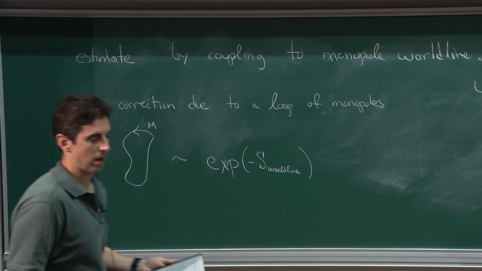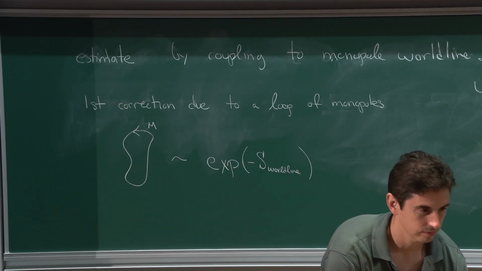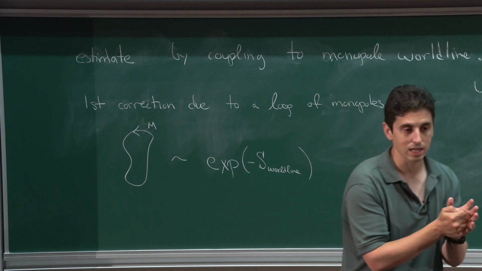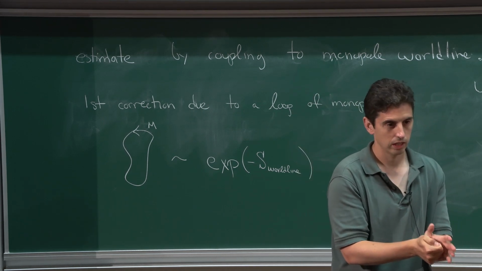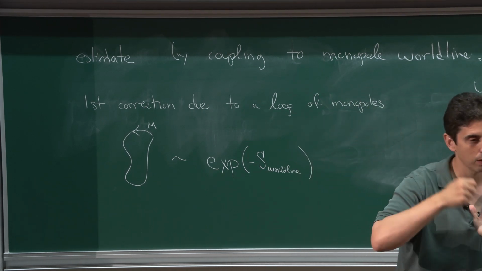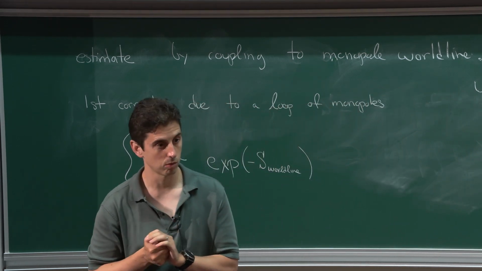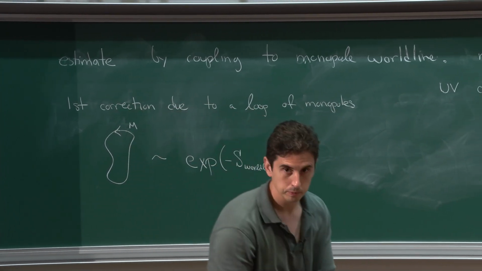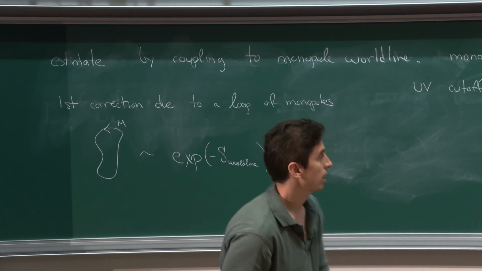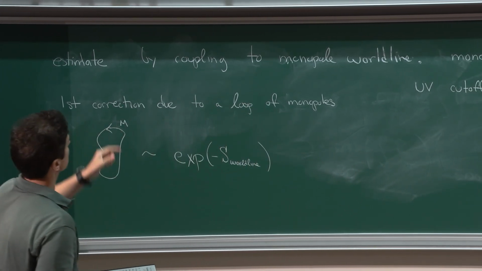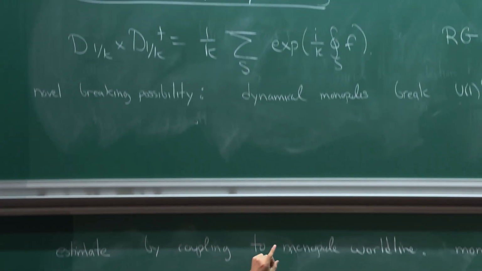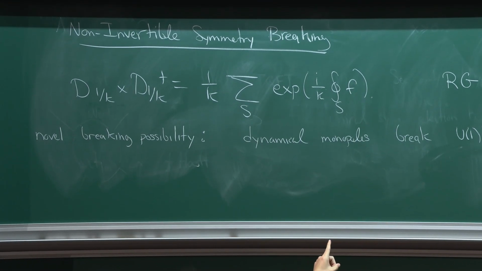So imagine I have my U1 gauge theory, and it now couples to a dynamical monopole. I want to understand what's the typical size of an operator that having a loop of a dynamical monopole would generate. This is what we want to do because the loops of magnetic monopoles are the first effect that will break the one-form symmetry here.